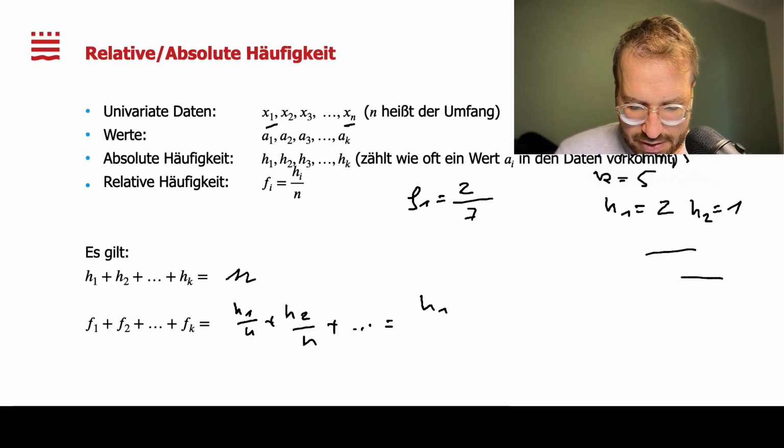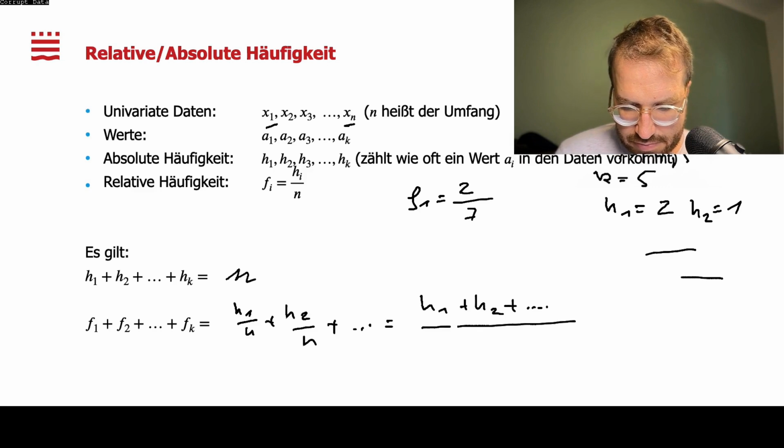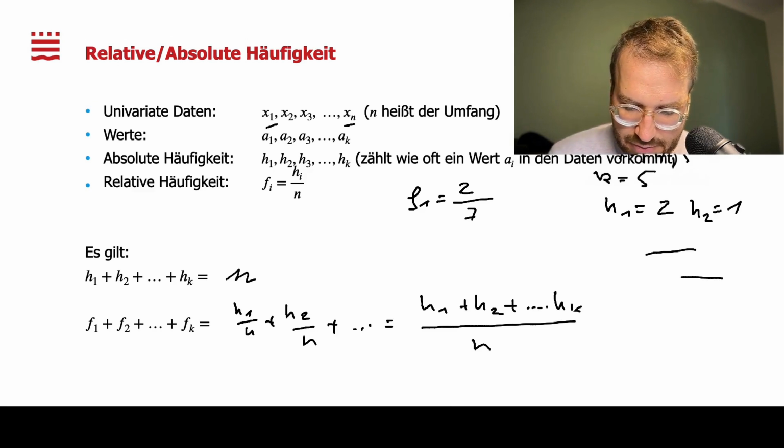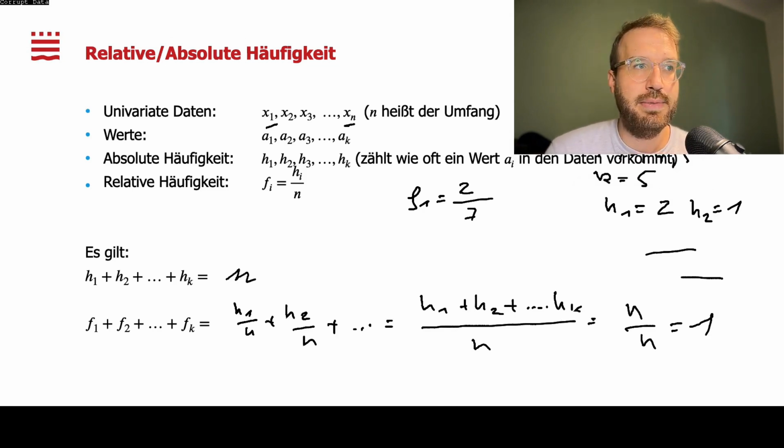This is nothing other than h_1 plus h_2 plus and so on, divided by n. But what is h_1 plus h_2 plus and so on? We already know, namely n, which means we get n divided by n, and that is 1. Yes. So the sum of the relative frequencies is 1.